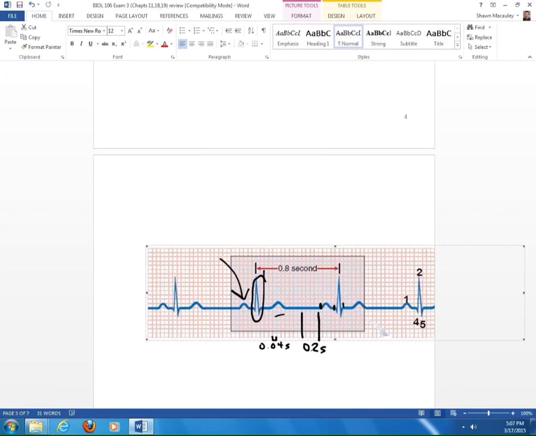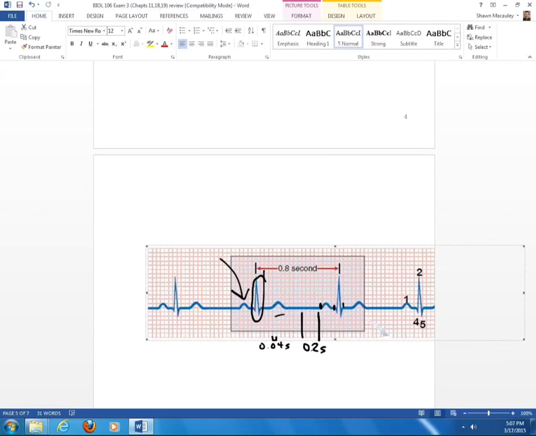If that's taking too long, what might be wrong? A blockage not from the SA to the AV node, but instead a block somewhere along the bundle branches or up along the Purkinje fibers. Again, something is slowing down or completely obliterating the electrical signal to travel. Okay, it could be dead tissue, right? Could be a number of things.